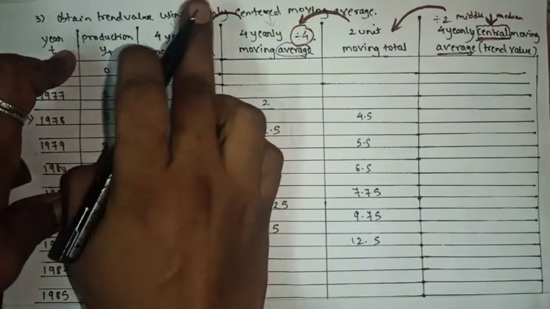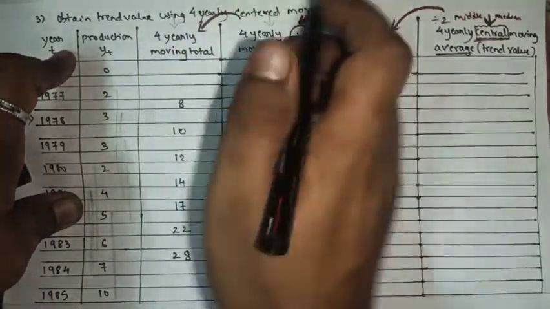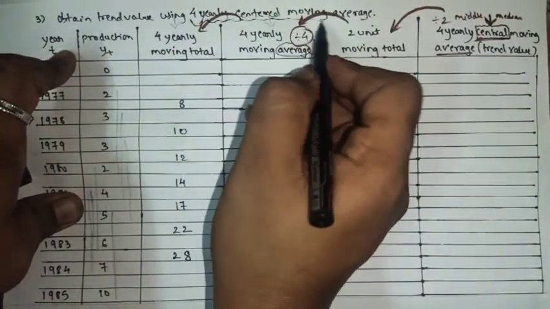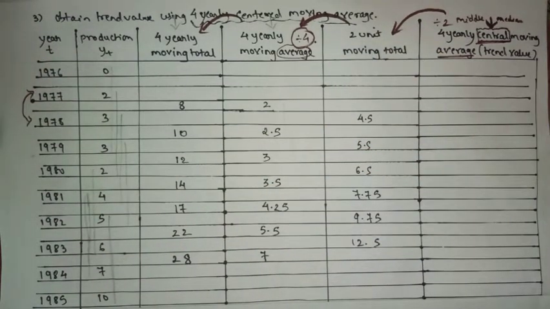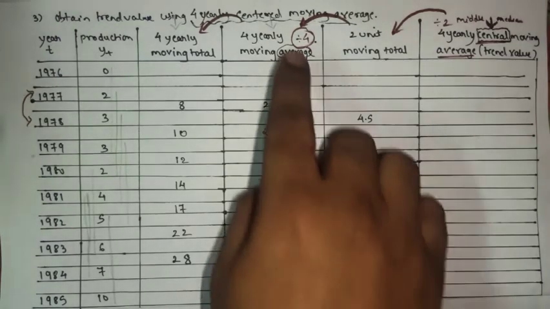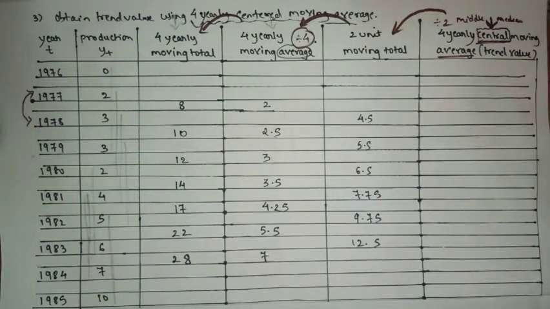They will not use the word 4 yearly moving average, they will use the word 4 yearly central moving average. As for the 3 and 5, it was 3 yearly moving average and 5 yearly, but for 4, remember, you have to find the answer by using central moving average.